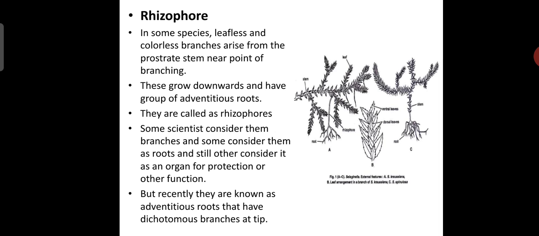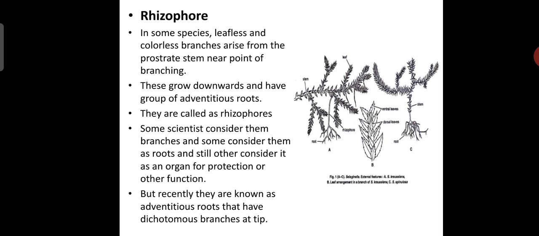Next, rhizophore. In some species, leafless and colorless branches arise from the prostrate stem near the point of branching. These grow downwards and have a group of adventitious roots. They are called rhizophores.